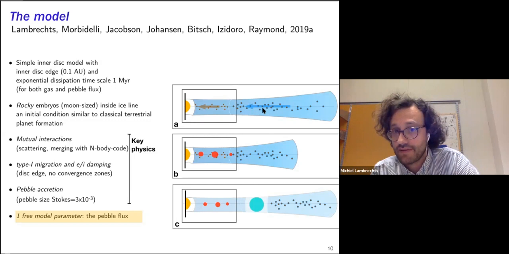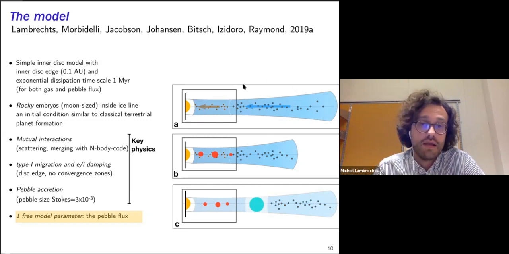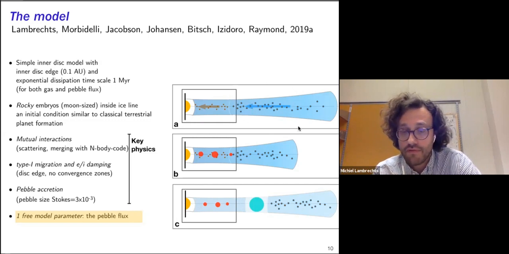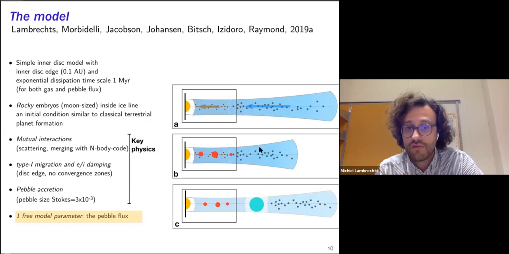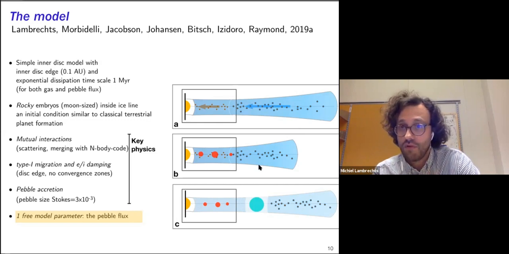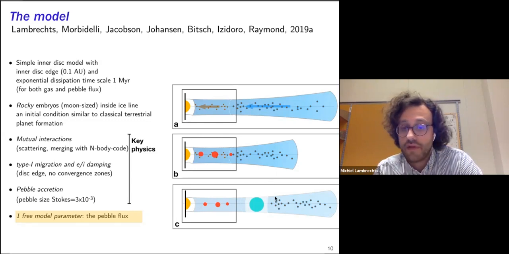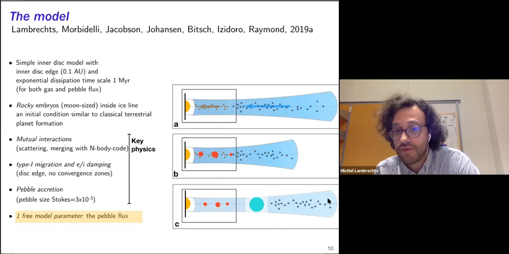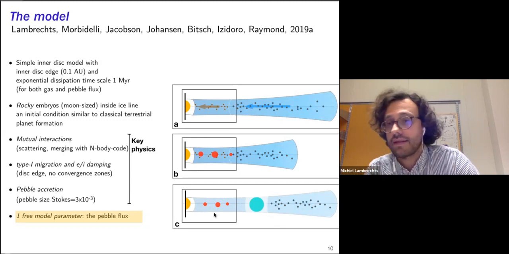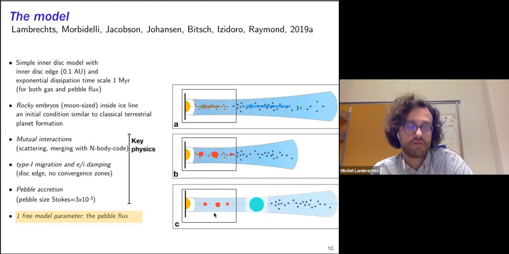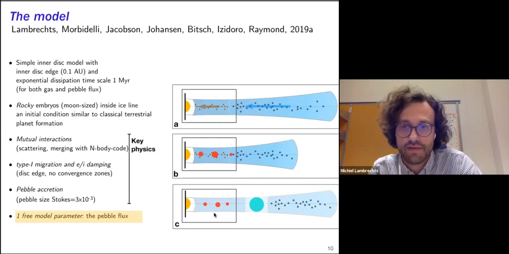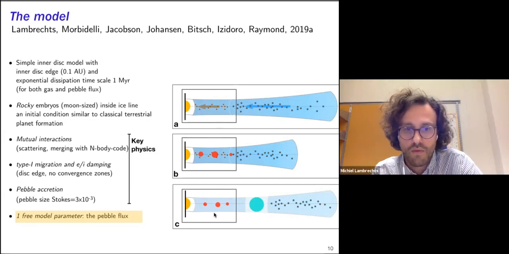For one, the protoplanetary disk might be different. Here, there's a big disk with a big pebble reservoir driving a large pebble flux. You could be in a smaller disk with a smaller pebble flux, or you could end up in a disk like here, where there's an outer giant planet that blocks the outer reservoir of pebbles from entering the inner disk. So one could think of many reasons why the pebble flux would be different, and we keep that as a free parameter.